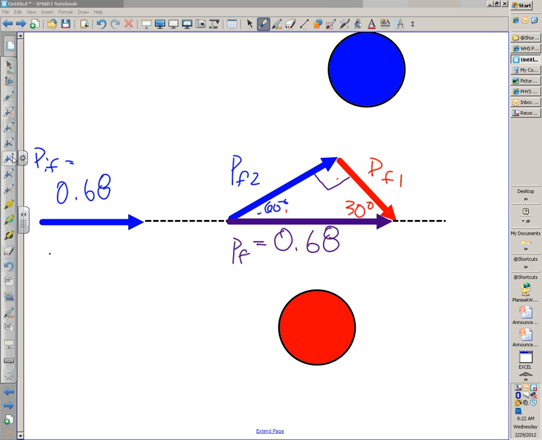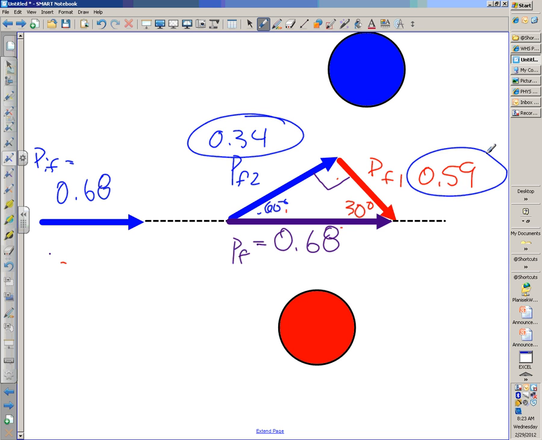Anybody? What is it? All right. Are we good with this value and this value?